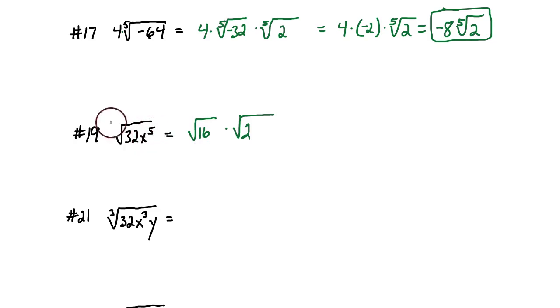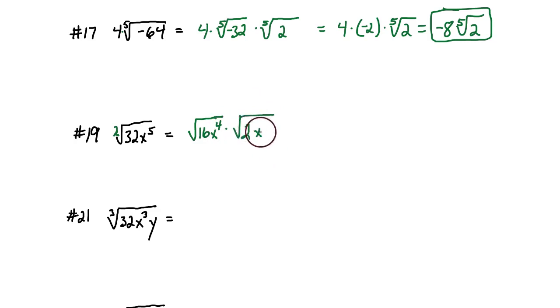This is x to the fifth power. Remember, a square root has an index of 2. It's just not shown. Is x to the fifth power a multiple of that index of 2? It's not, because this is an odd and this is an even. So we need to factor our variable, or split it up into pieces. Let's go with x to the fourth power here and a single x over here.